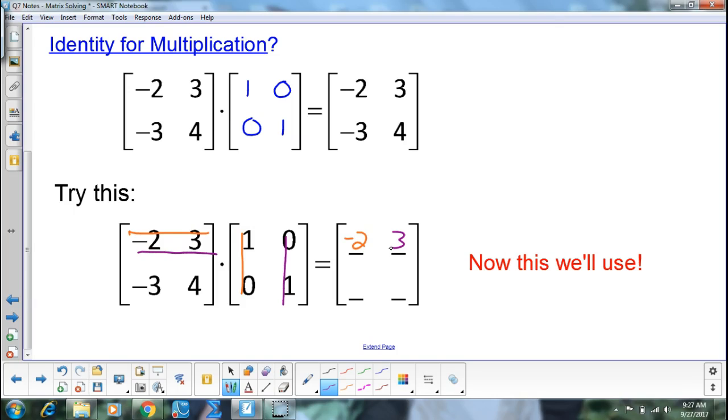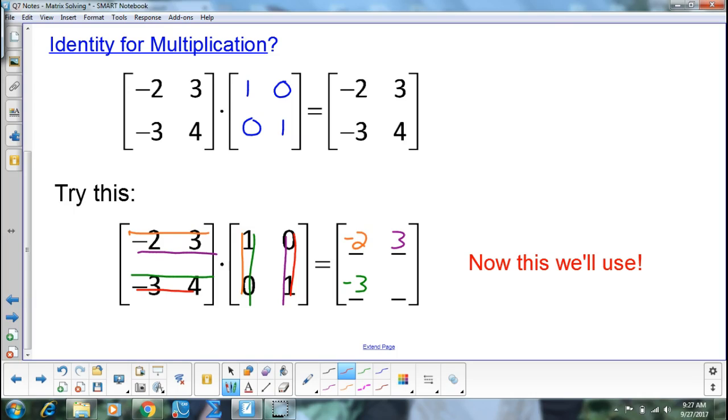Golden on 2 occasions. Then, I'm going to take the second row times the first column. Negative 3 times 1 is negative 3. 4 times 0 is 0. Negative 3 plus 0 is negative 3. Then, I'm going to take the second row times the second column.